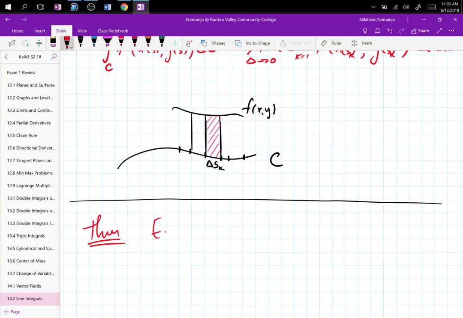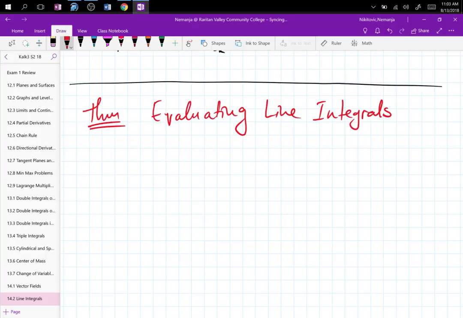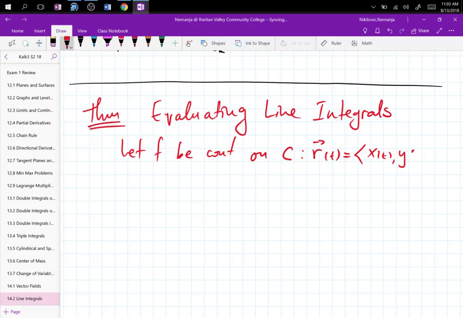Evaluating line integrals. So the first one is: let f be continuous on C, and C needs to be given by your good old vector valued function r, which contains your parameters x of t and y of t.